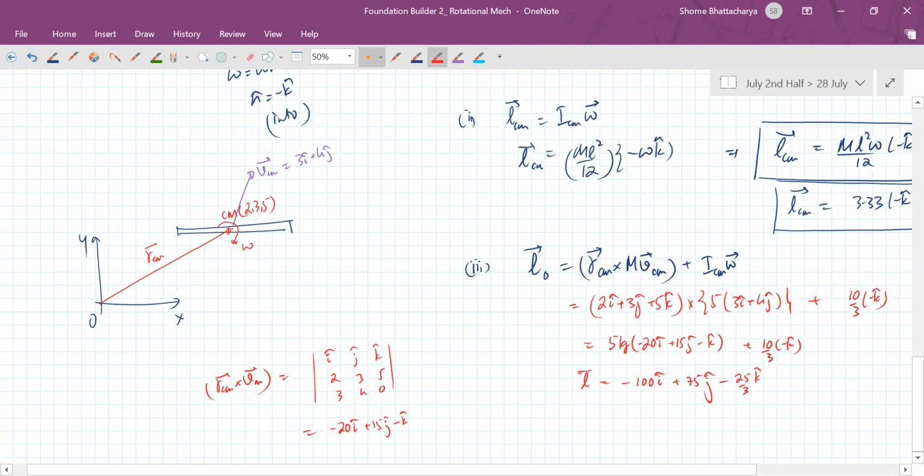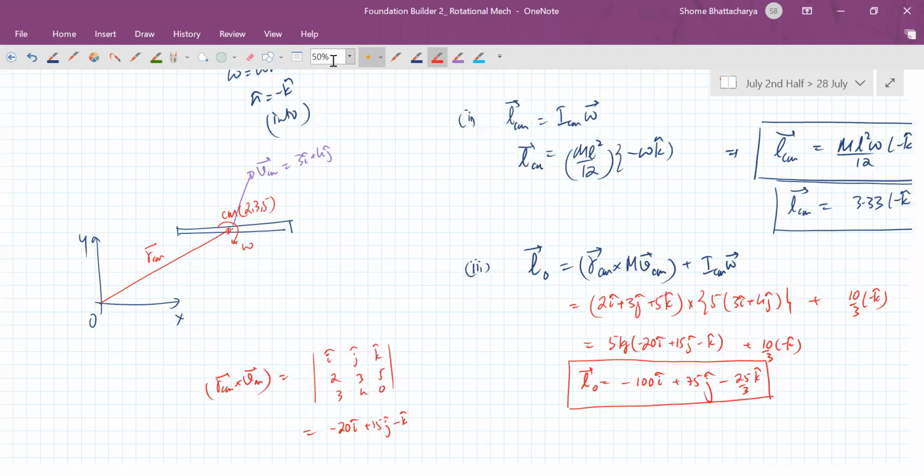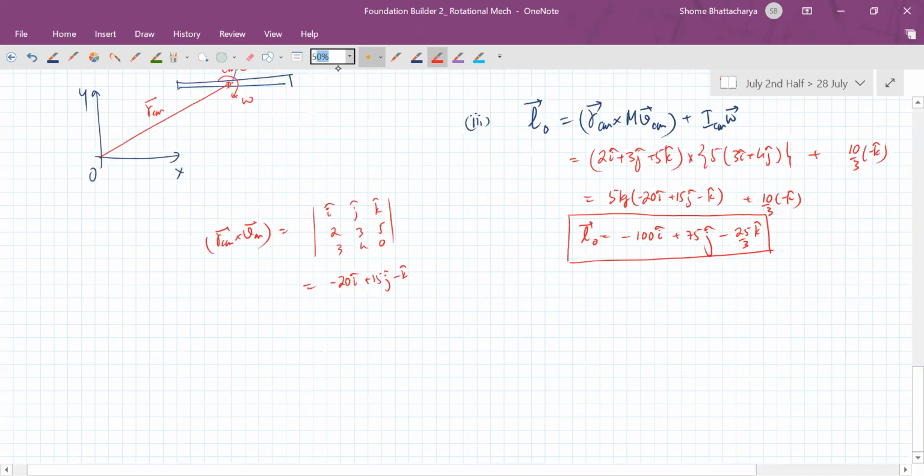This is the angular momentum about the point. So it's this sort of full calculation that we have to do in this kind of a situation.